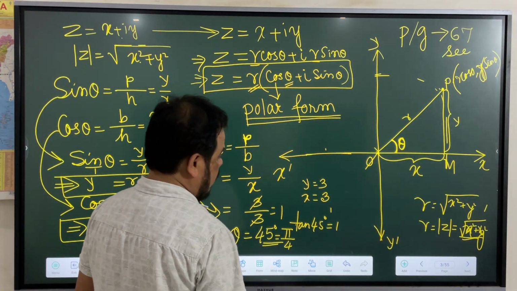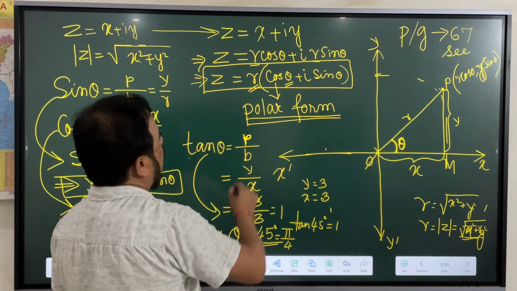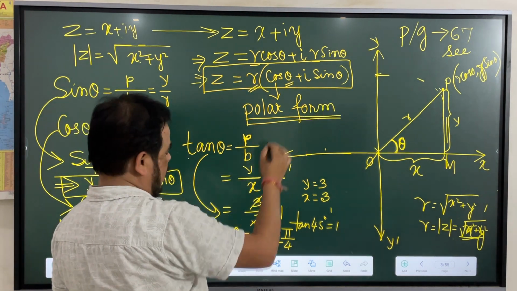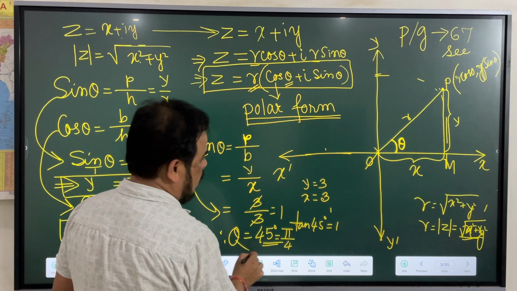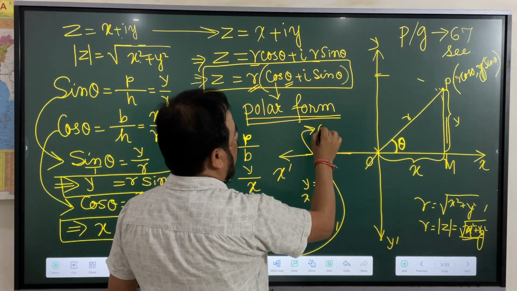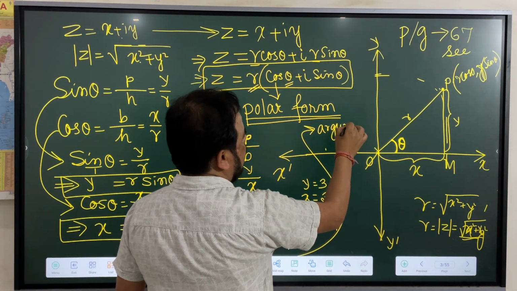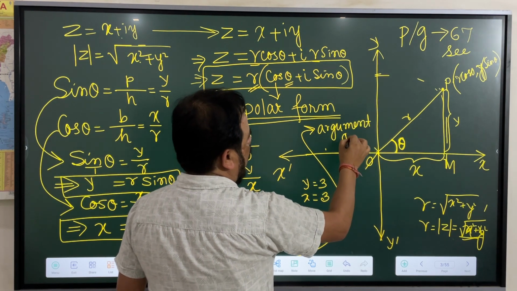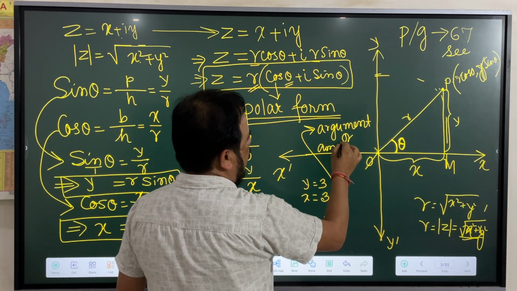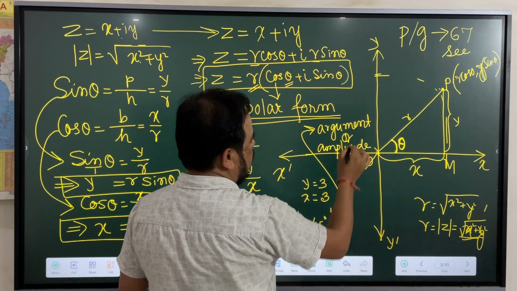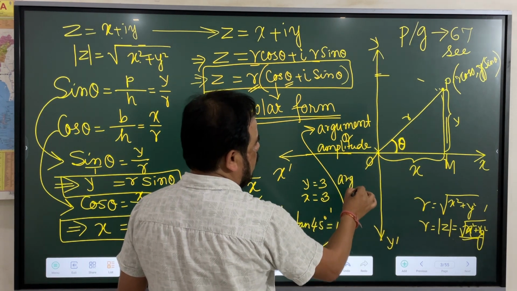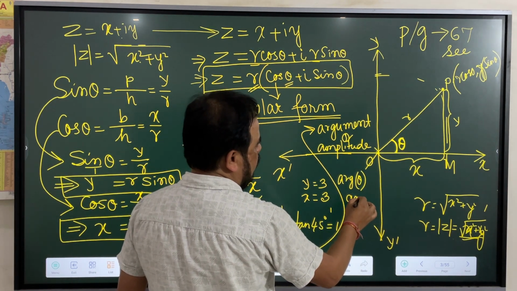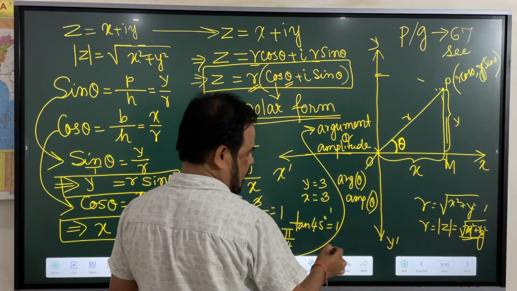One thing I forgot. When we found this theta, r, we have understood what is r. What is theta? Theta is called argument or amplitude. Shortly, argument of theta or amplitude of theta. Same thing.